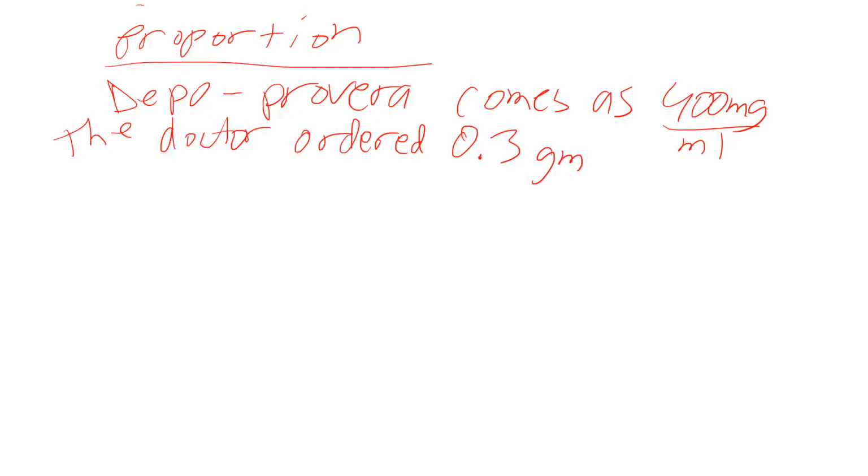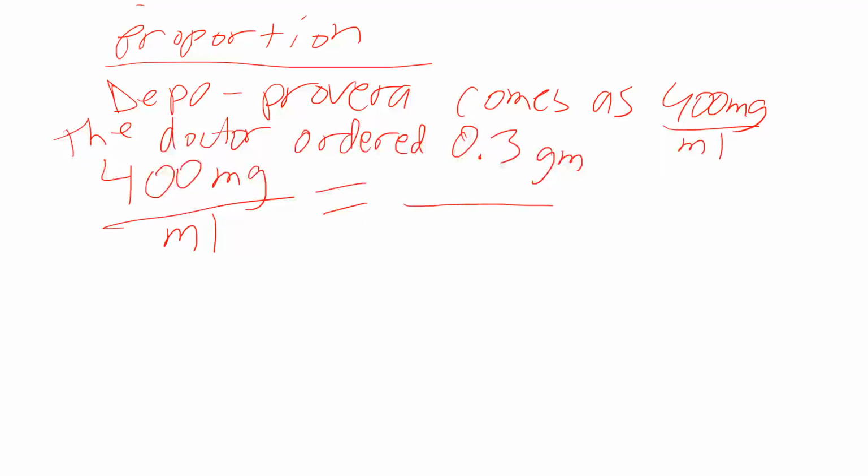Okay, so the first thing we do, if we want to use a proportion method, is we know that Depo-Provera is 400 milligrams per mil. So when we set it equal to whatever we want, milligram has to stay on the top and milliliter has to stay on the bottom. Now we have 0.3 grams, so we can't put it here because it has to be the same units as what we have over here.